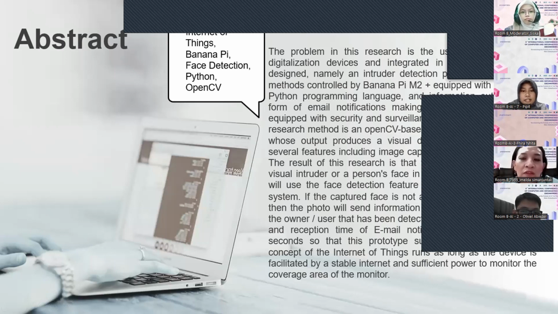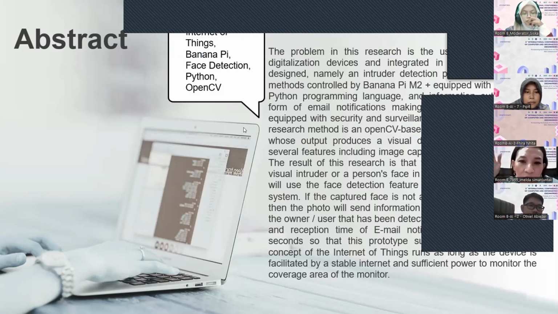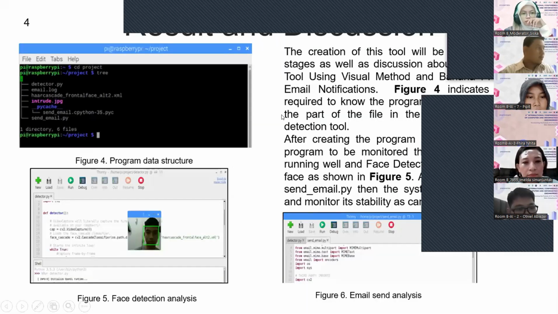The Banana Pi is already integrated with other components, such as a computer, GSM module, Wi-Fi module, and others. We decided to use this mini computer to capture intruders for a security system in one room, capturing faces by face detection of people who come in and out of the room.